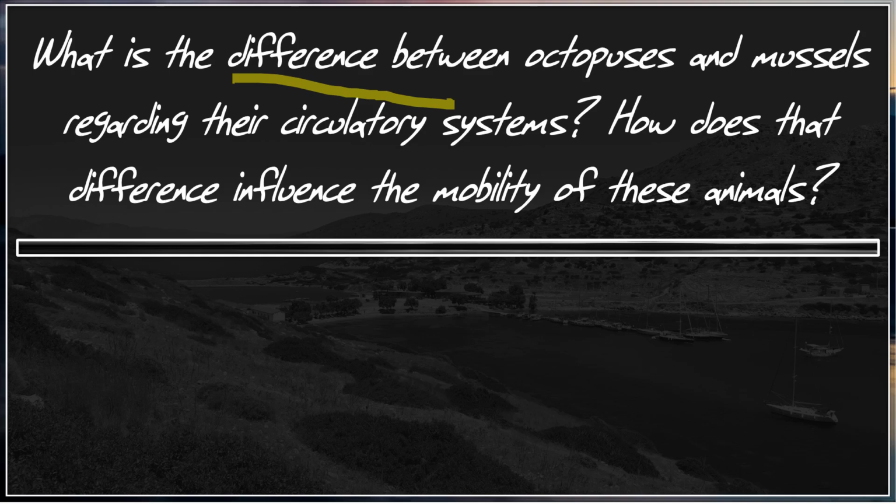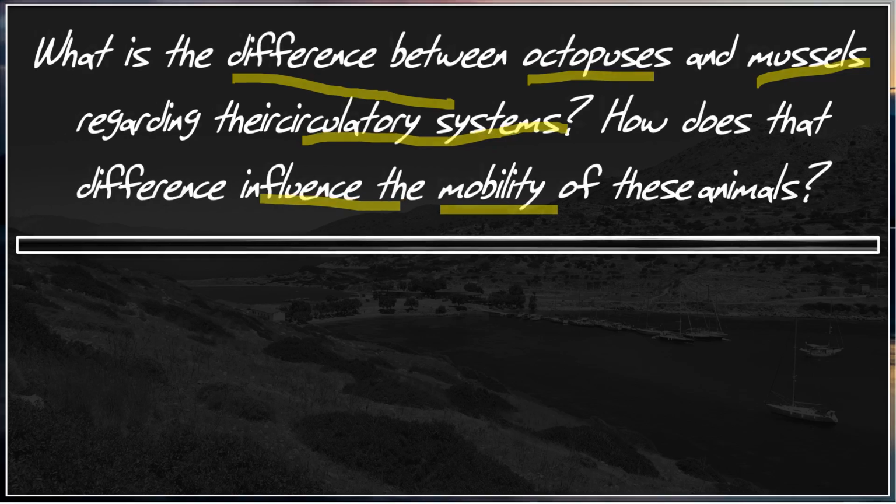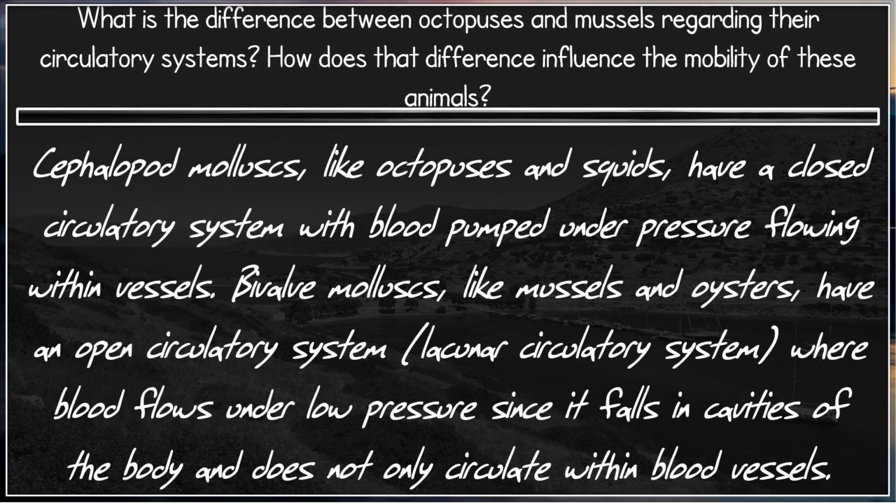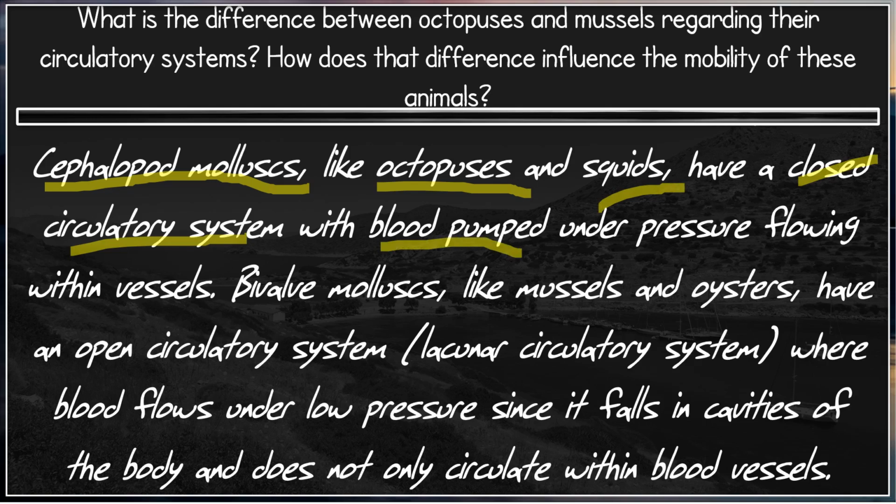What is the difference between octopus and mussels regarding their circulatory system? How does the difference influence the mobility of these animals? Cephalopod mollusks like octopus and squids have a closed circulatory system, with the blood pumped under pressure, flowing within vessels.